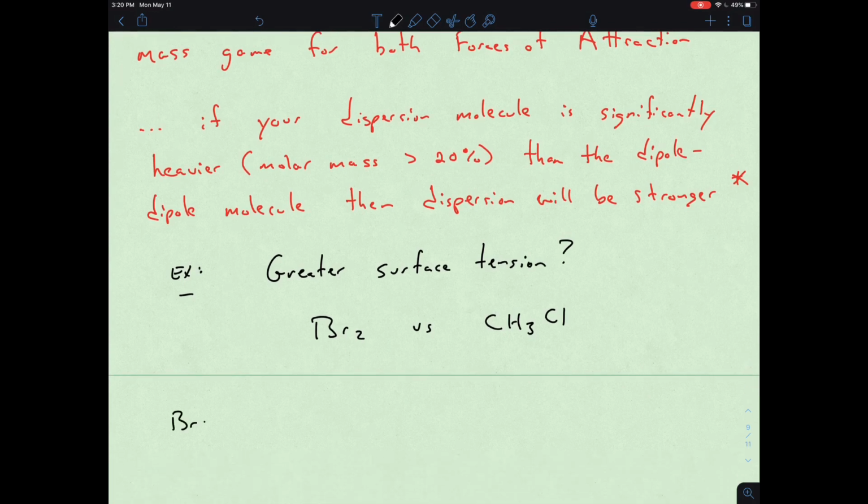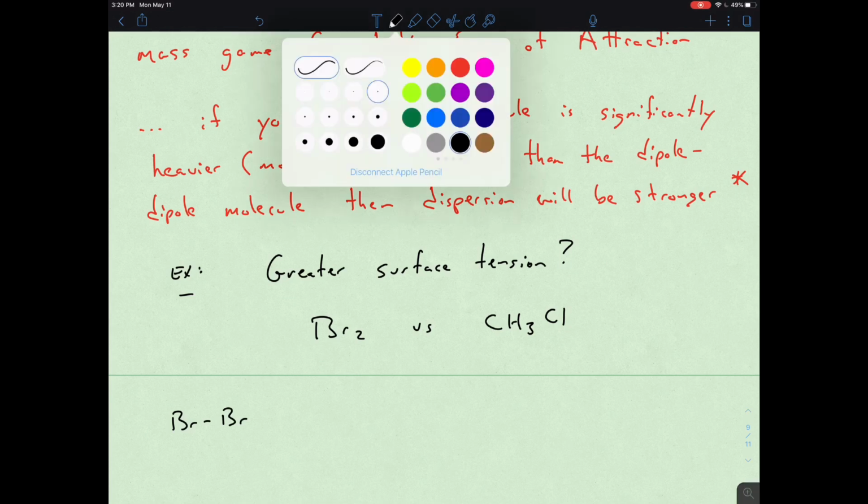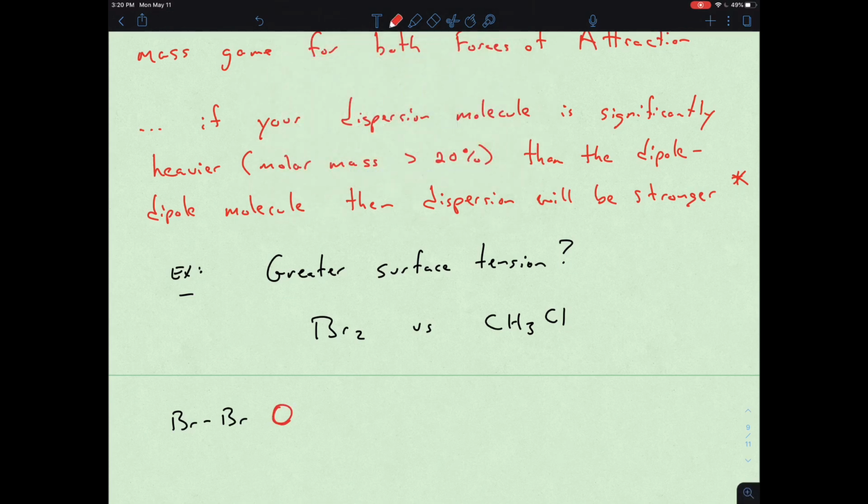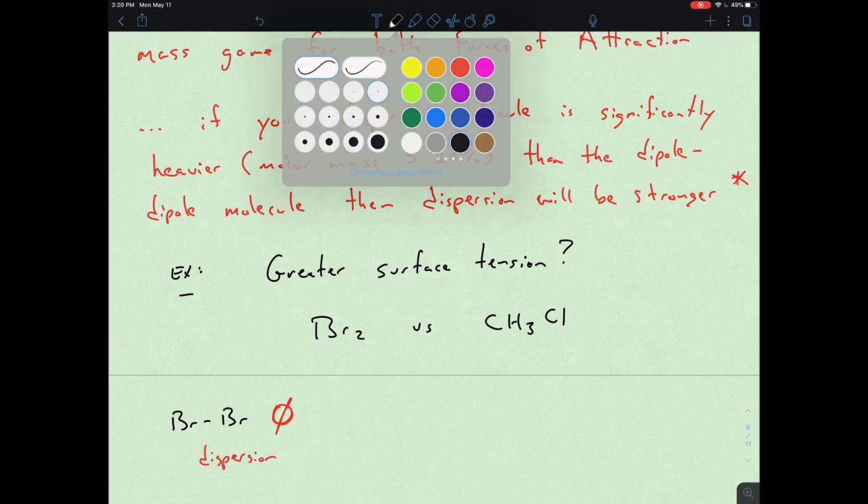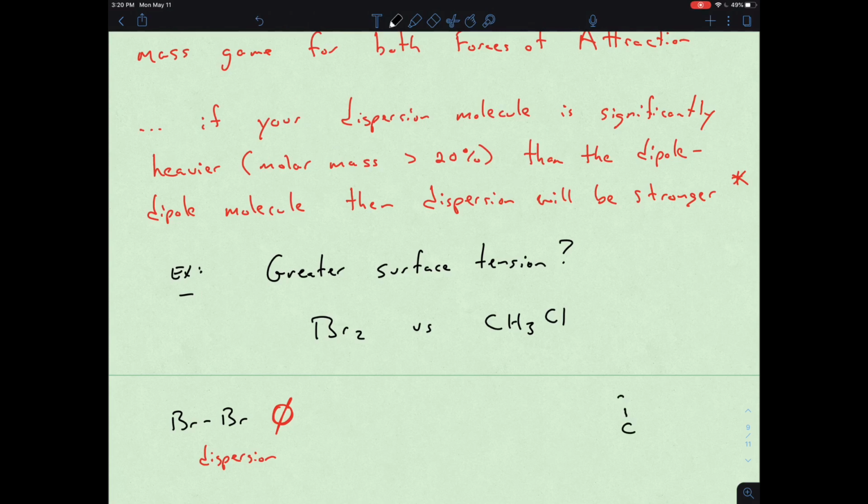Let's ascertain, okay, that's a molecule that has dispersion forces. And then if I look at my chloroform, I see I have a dipole.